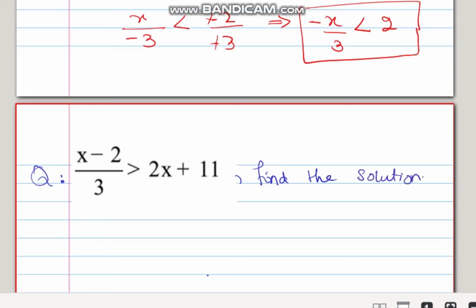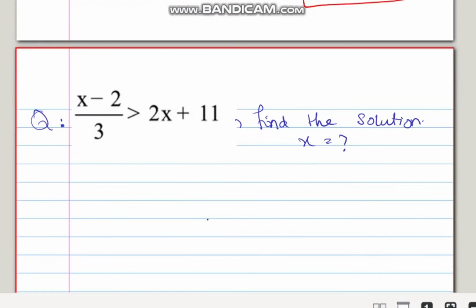Basically, the solution always means x in the world of equations, inequality, algebra or functions. If you have to find x, x means the solution. Please don't be confused. If you want to find the solution, then you will find the x automatically. Solution means x.